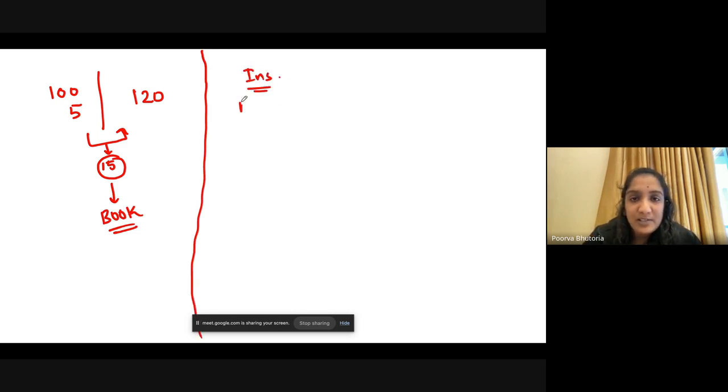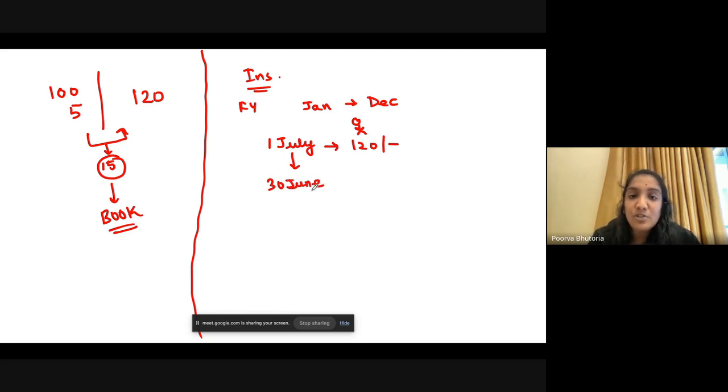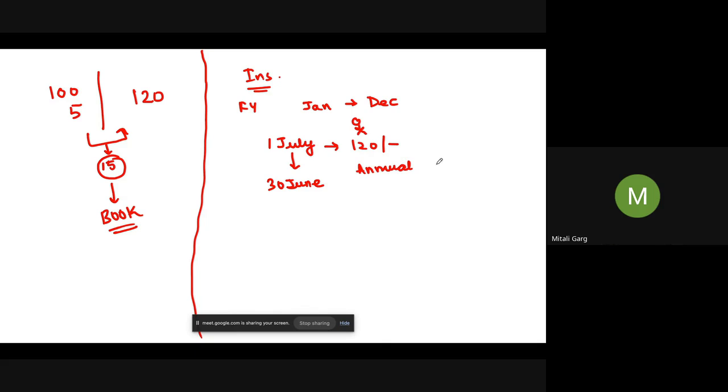Let's say a financial year runs from January to December. One person comes up to us and buys a policy for rupees 120. The policy is going to run from 1st July to 30th June, an annual health policy.